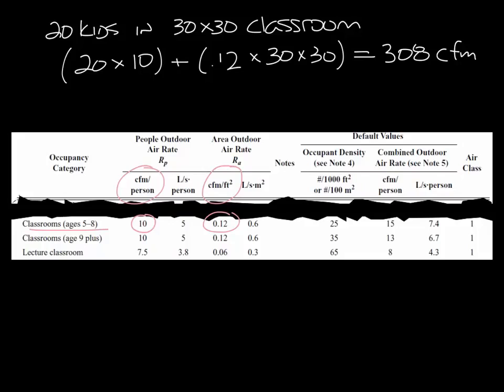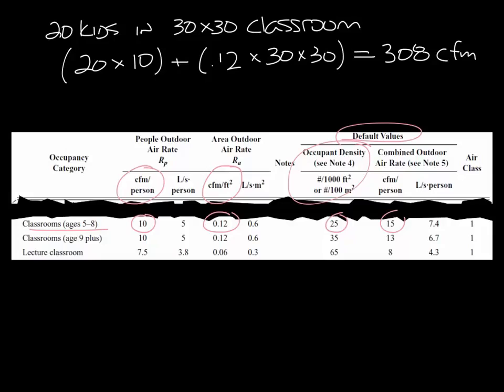So now what do you do if you don't know how many people are going to be in the space? The table also gives you default values that you can use. So over here you see the default value for occupant density is 25 people per 1,000 square feet, and then you can use that to calculate the airflow you need.